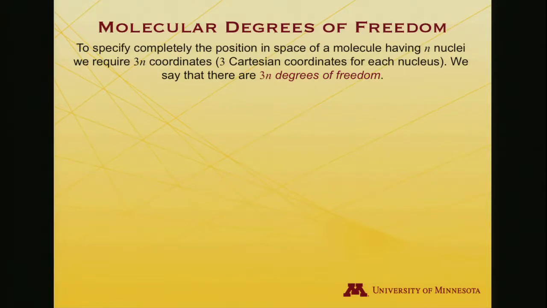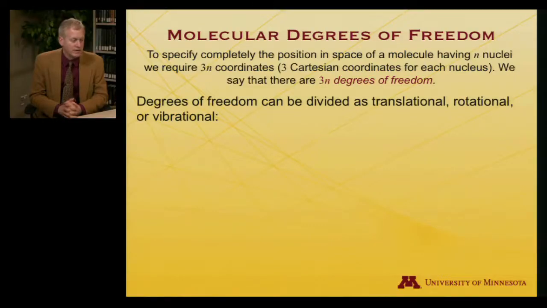There's an x, a y, and a z coordinate for each atom, and if there are n atoms, that's 3 times n. So we often will refer to that then as 3n degrees of freedom, which dictate specification of every atomic position. And degrees of freedom can be thought of as being subdivided into translational, rotational, or vibrational components.